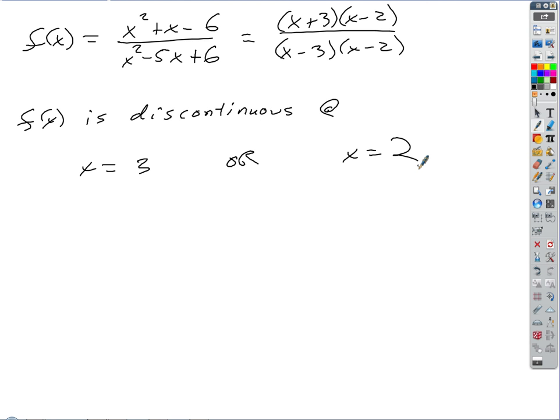Which of those is removable and which is non-removable? 2 is removable, that's right. So this one at x equals 2 is a removable discontinuity, whereas at x equals 3, that's non-removable, right? I don't think I'm supposed to hyphenate that, but who cares?